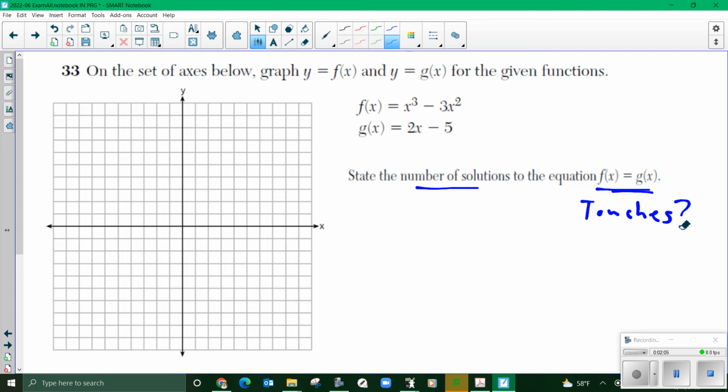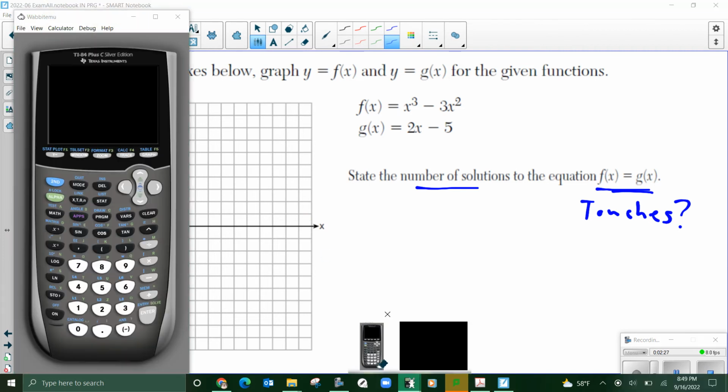It always confuses me when I get a question like this and students can't do it. You literally are going to put this into y1 and y2 in your graphing calculator. You're going to plot the points and graph them. We have a 10 by 10 axis in front of us.